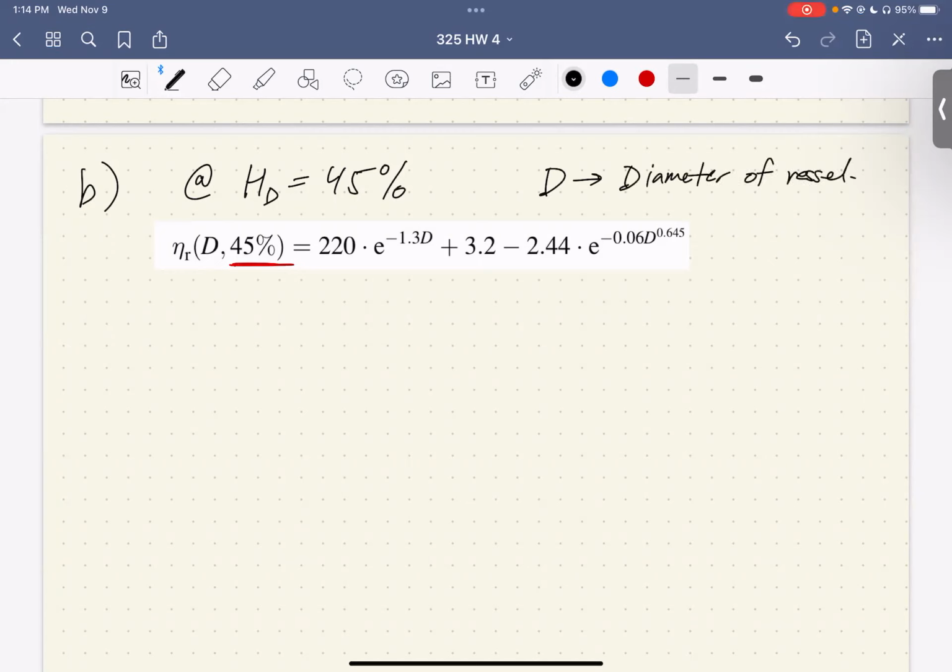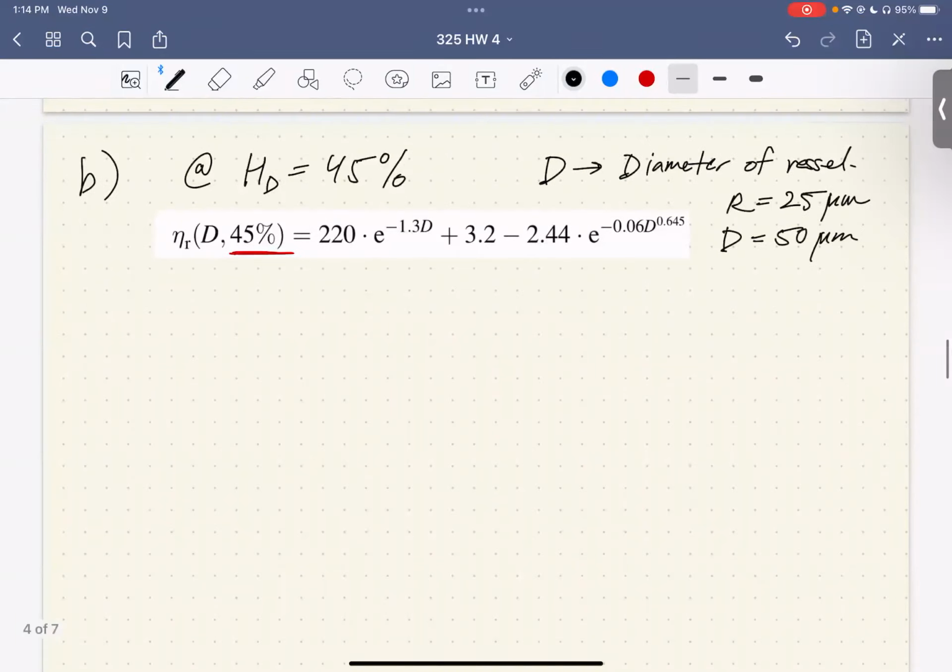And we know the radius is 25 micrometers. That means diameter is 50, right? So essentially, all you're doing in this is plugging in for the terms, just one term actually, just the term diameter. So let's write this out. And then you can just plug in 50 micrometers as is, by the way.